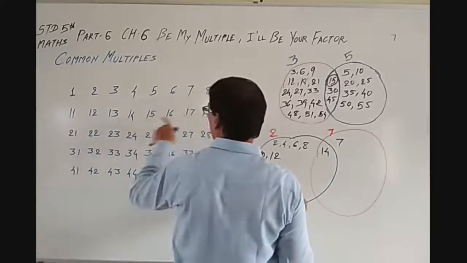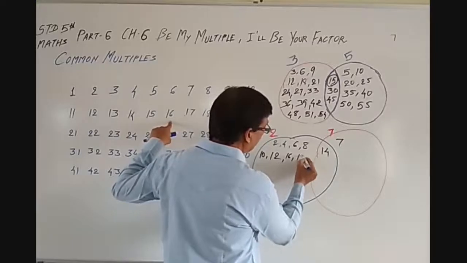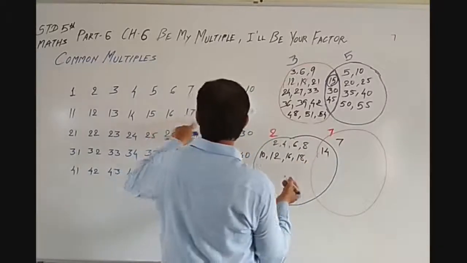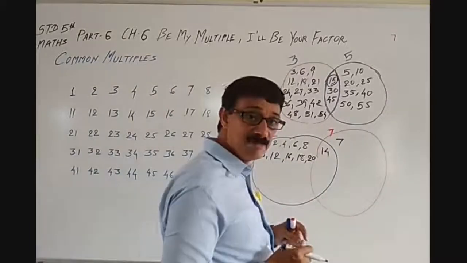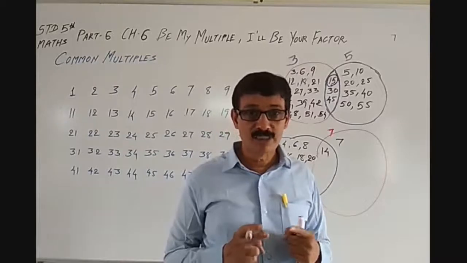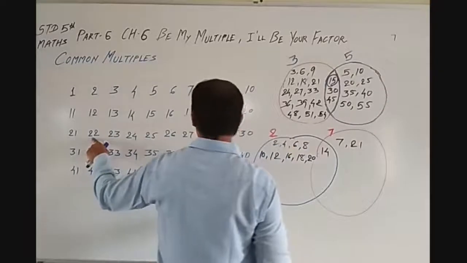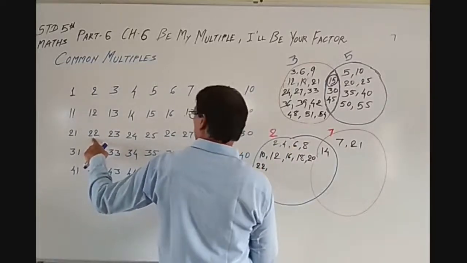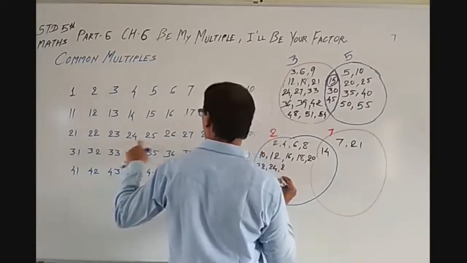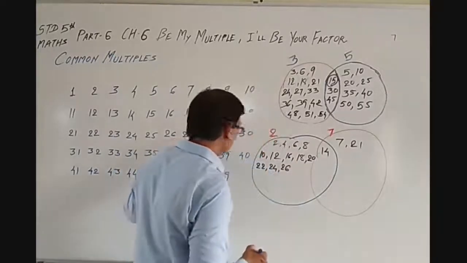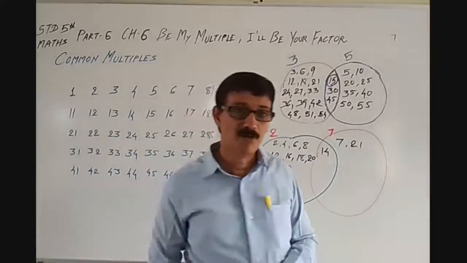Then 15, no. 16, 17, no. 18, 19, no. 20, yes. 21, is 21 a multiple of 7 or not? 7 threes are 21, so let me write 21 over here. 22, 23, 24, 25, 26, then 27, 28. 28 is a multiple of 2.